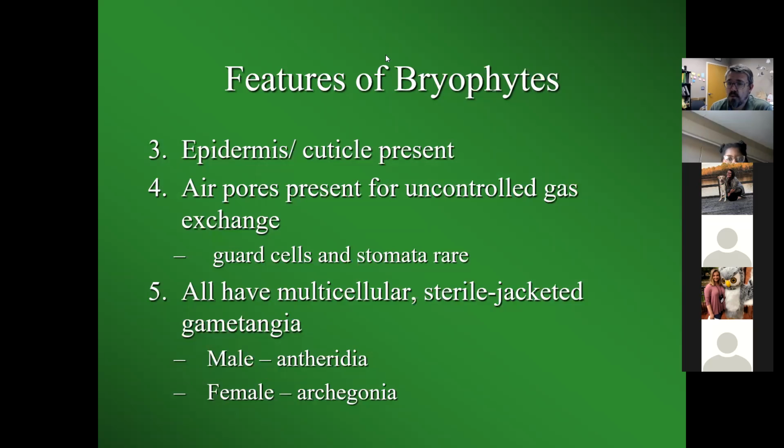Exactly, Kyra. It's all about water. It helps to keep in water and helps to reduce water loss. Why does that matter? Well, they're not living in the water anymore.